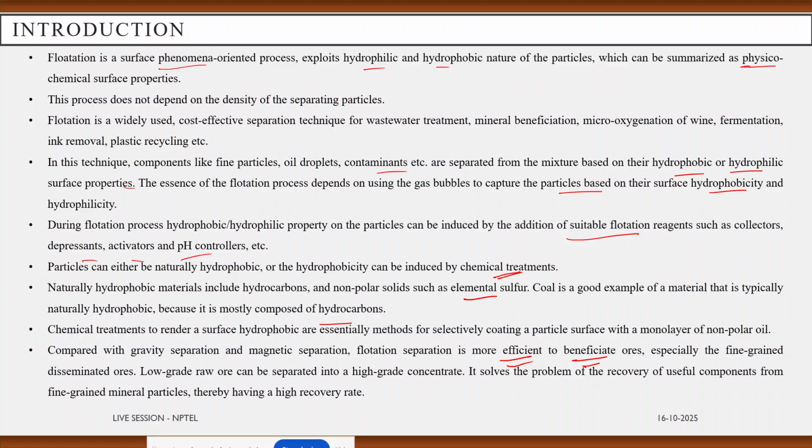Here the low-grade raw ore can also be separated into high-grade concentrate using this flotation process. And it also solves the problem of the recovery of the useful components from fine-grained mineral particles. Thereby, for the froth flotation process, there is a very high recovery rate.